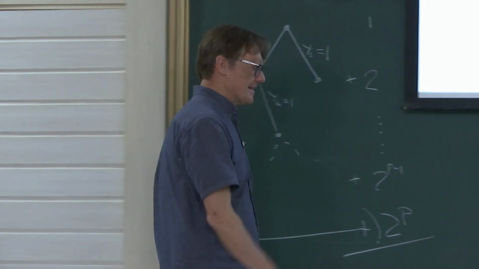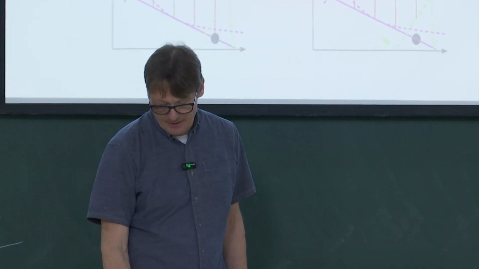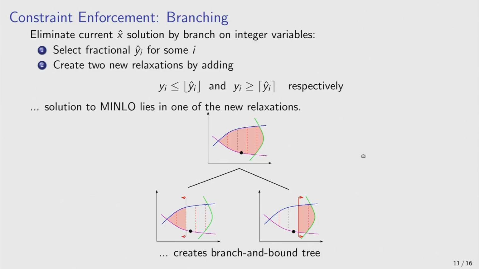What if I had, going back to the branching, let's go back to branching. There we go. In this branching example, I have a general integer variable, and this integer variable is 0, 1, 2, 3, 4, 5, 6. Say it's between 0 and 6.